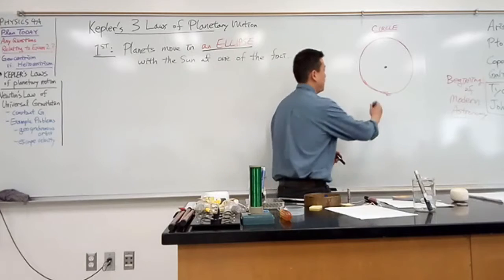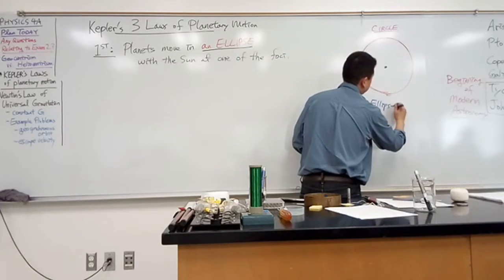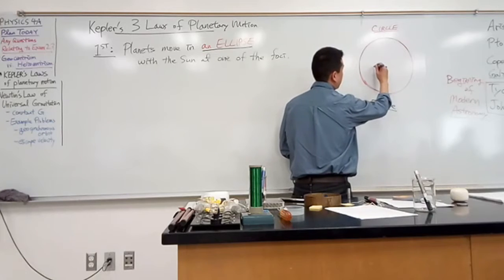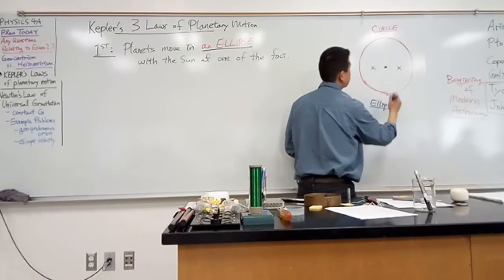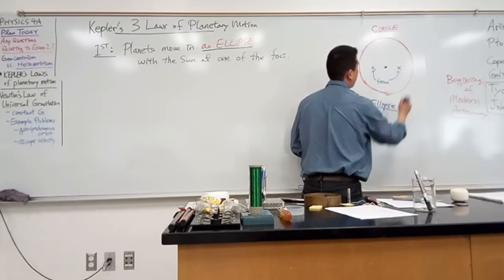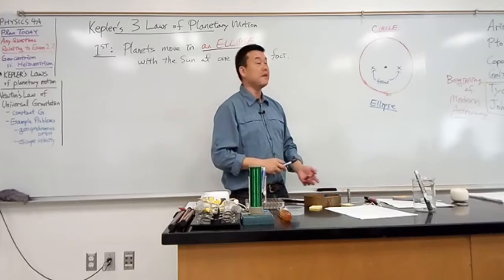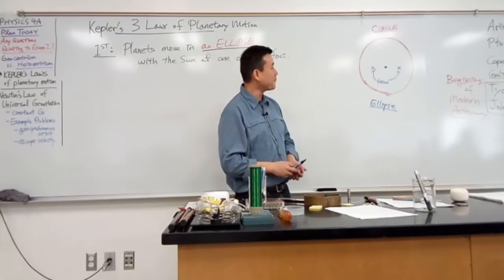Let me draw an ellipse superposed on this. So an ellipse looks like this. It has 2 points that are called foci. Each is called a focus, so the plural is foci. Or focuses.